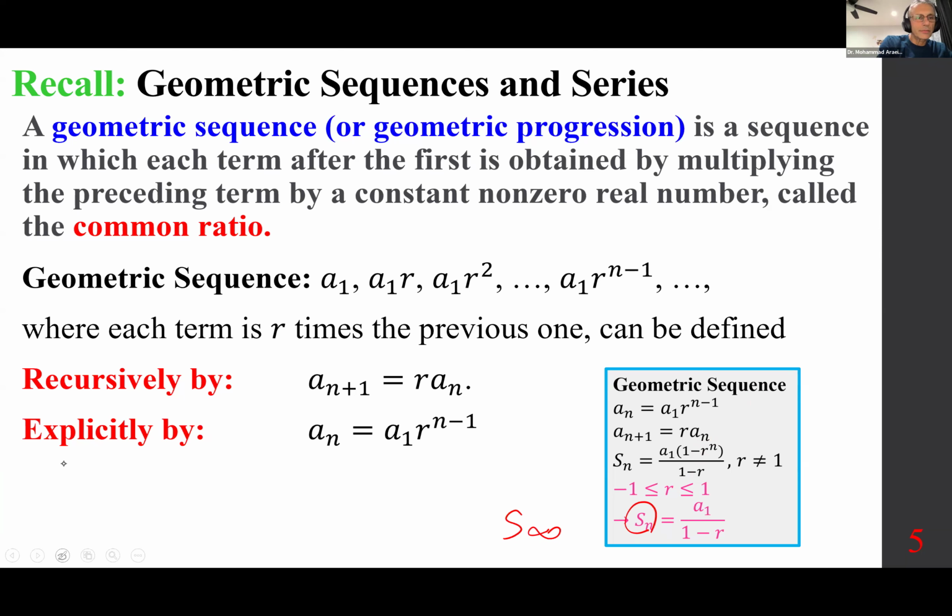So as n goes to infinity, that's what happens.